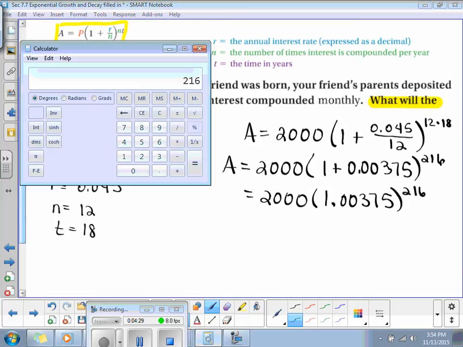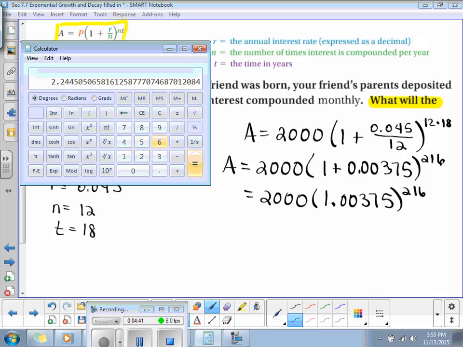All right. So now the exponent. 1.00375 raised to the 216th power. So let's round it to the nearest hundredth. So this will be 2.24, right?